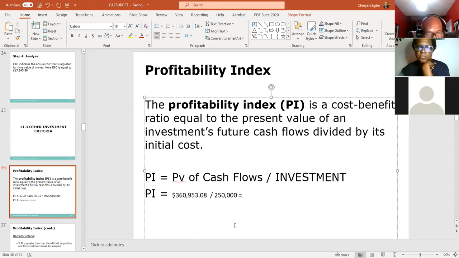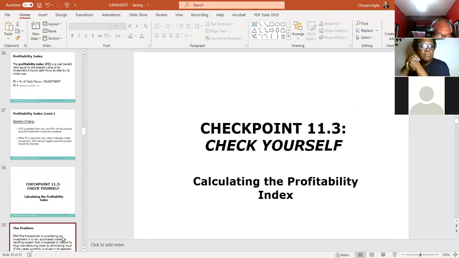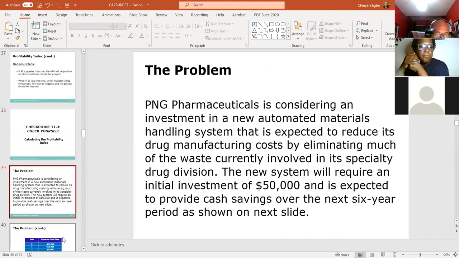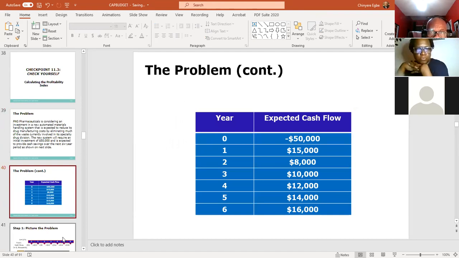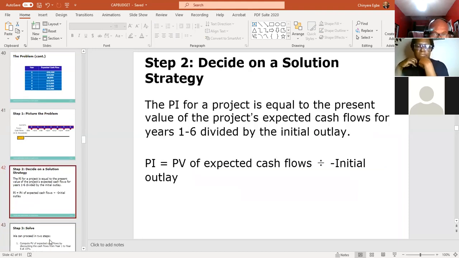Of course, we find to be 1.44. So in that case, the PI is greater than 1. All right. So the next thing that we're going to try to do, this is another example of a problem. So we're not going to go through that again.